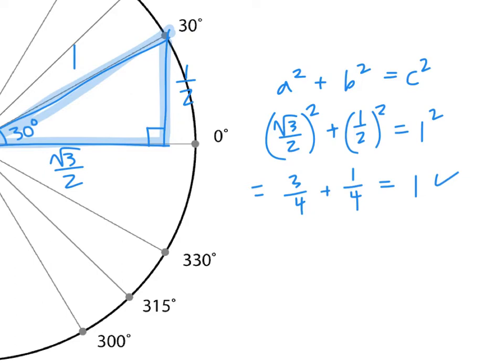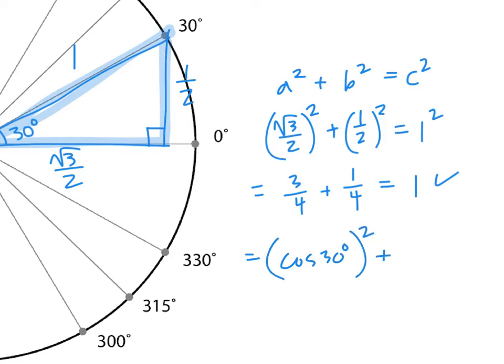Now, what is another way to say this square root 3 over 2 in terms of sine and cosine? This is 30 degrees. So what is this side in terms of 30 degrees? Cosine 30. So this is going to be cosine 30 degrees squared, which is a squared.